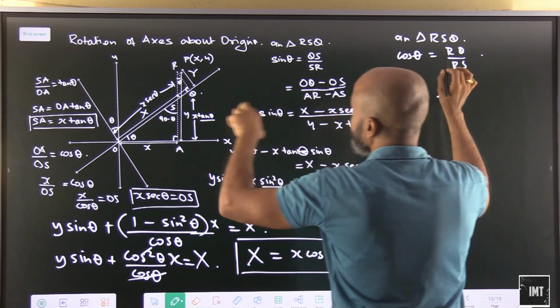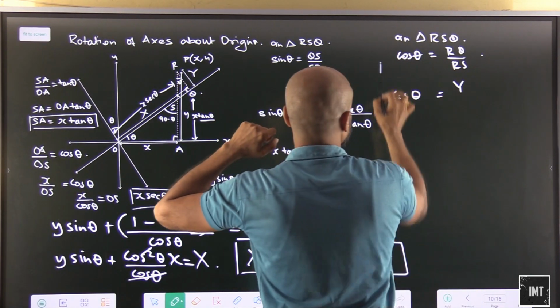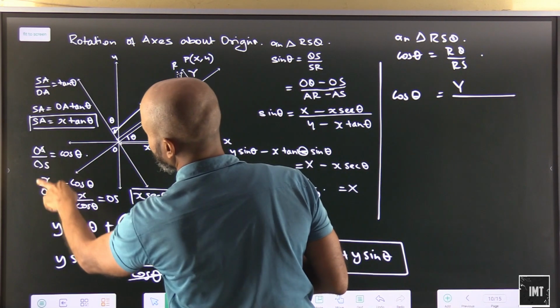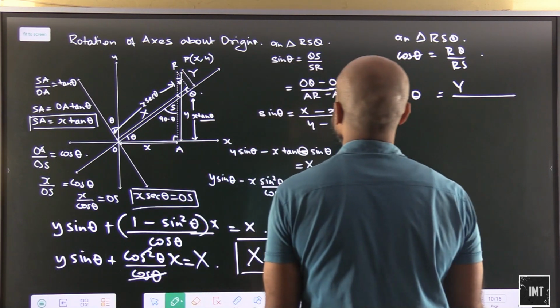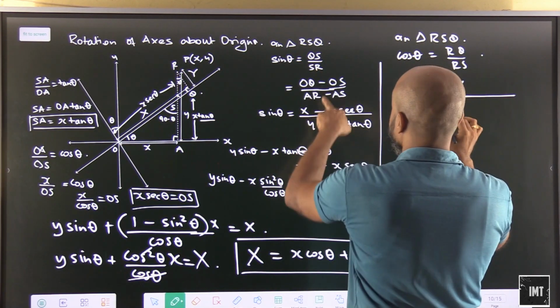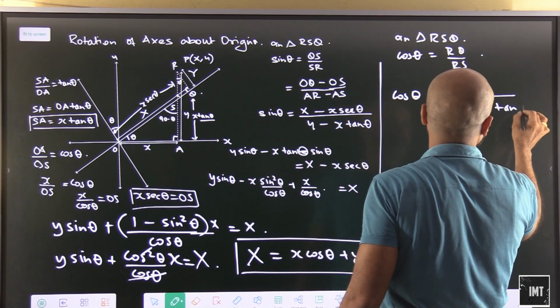RQ we know is y, this is cos theta, upon RS. We have already calculated the value of RS. RS is AR minus AS, that is y minus x tan theta.